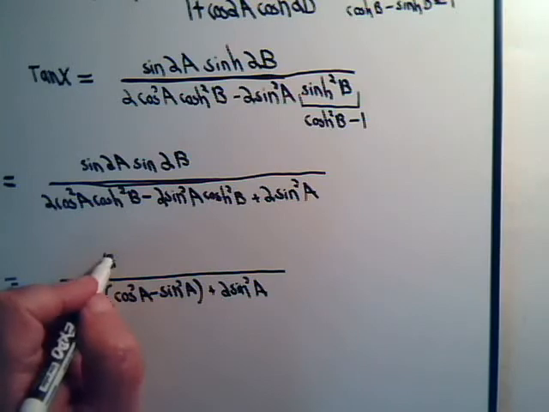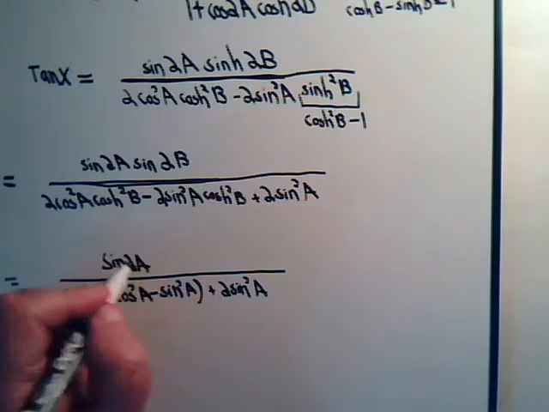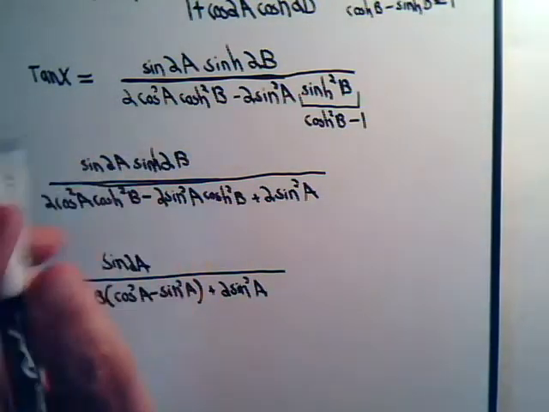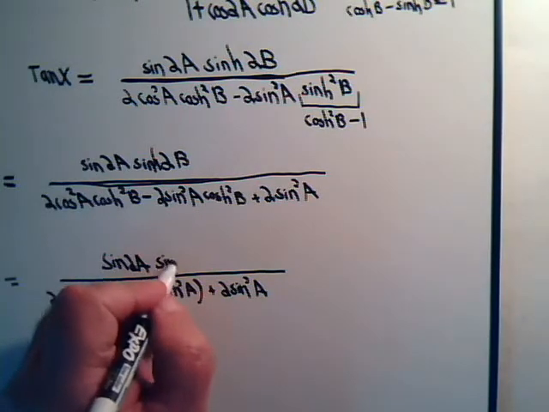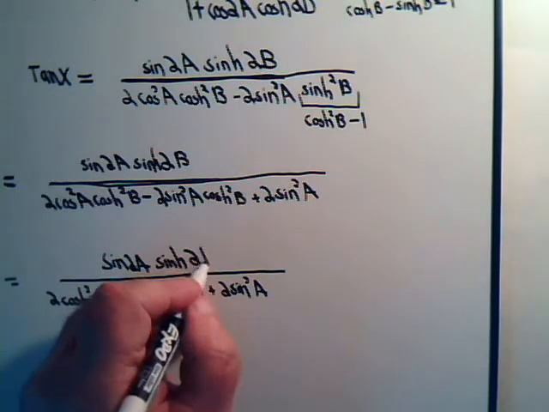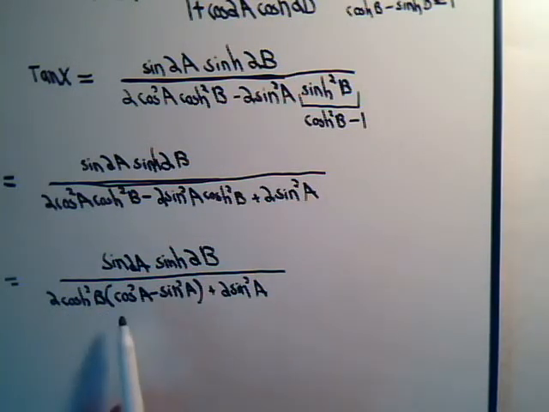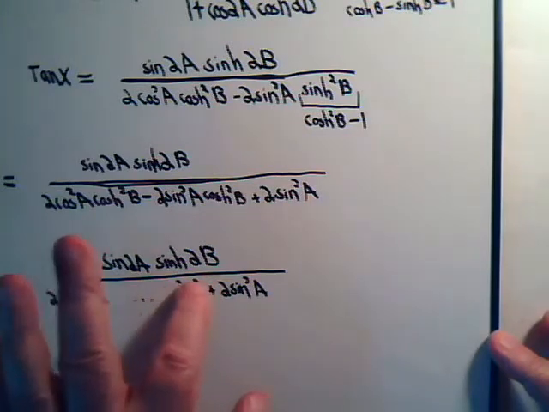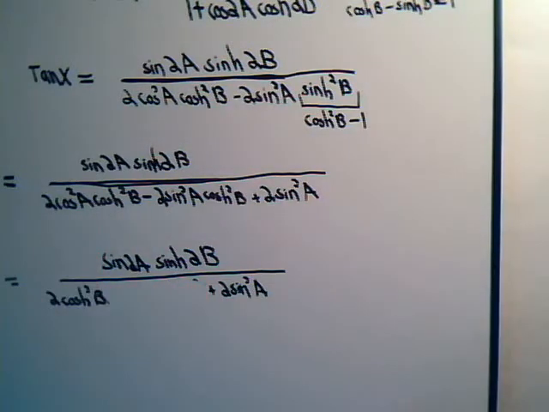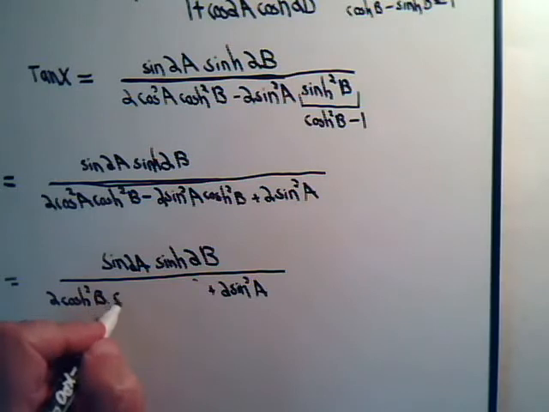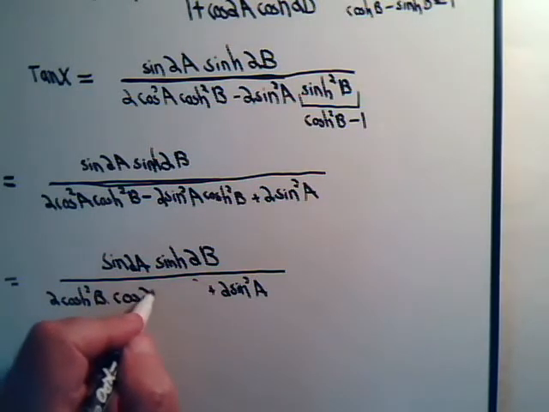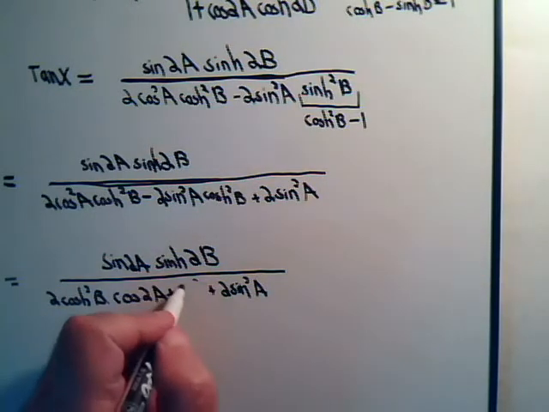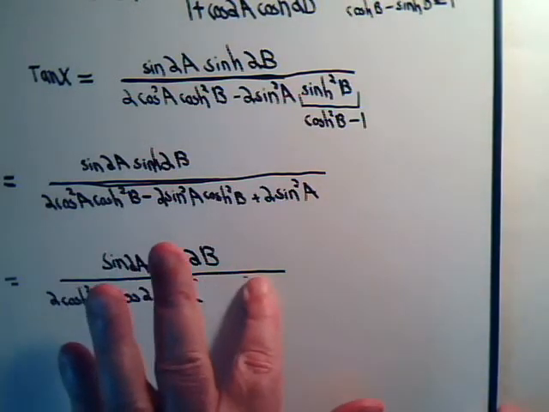And our numerator is the same. Okay, and this is the cosine of 2a. So let's rewrite this: 2 times the hyperbolic cosine squared b times the cosine of 2a plus 2 times the sine squared of a.